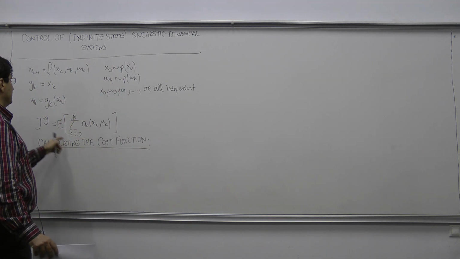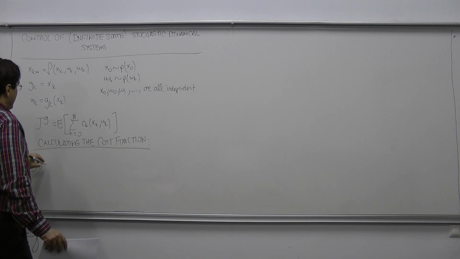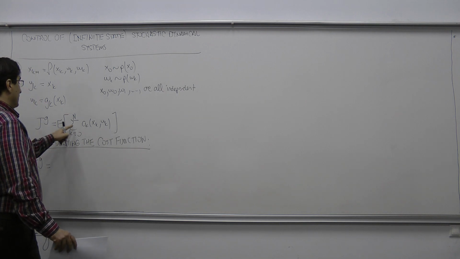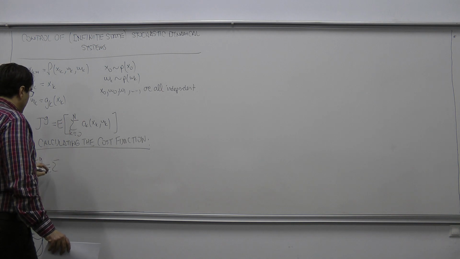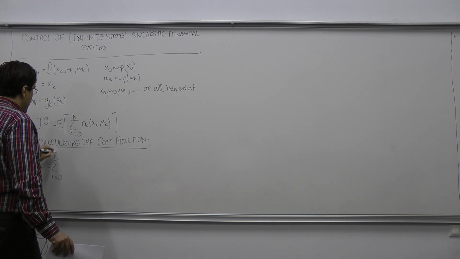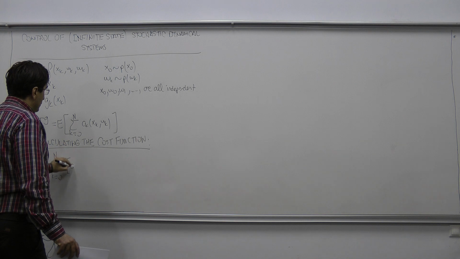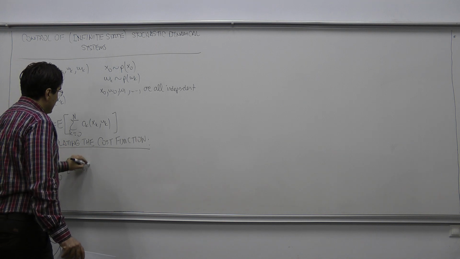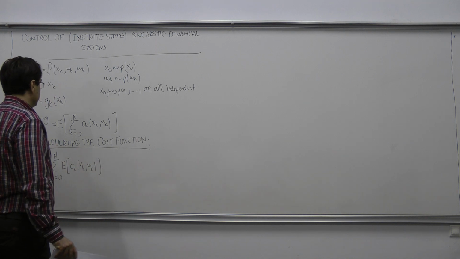So here the cost is given as this, J_g is equal to, I can take the summation outside, k from 0 to n, expected value of c_k(x_k, u_k) here. Okay?